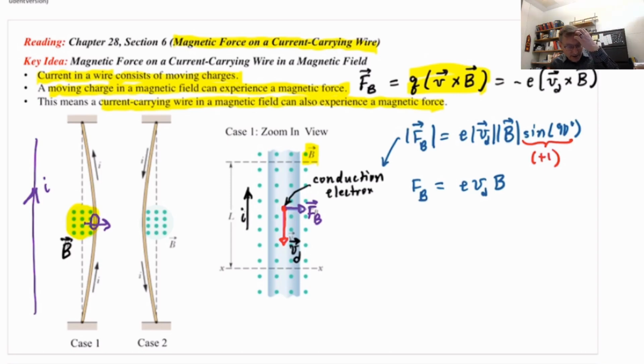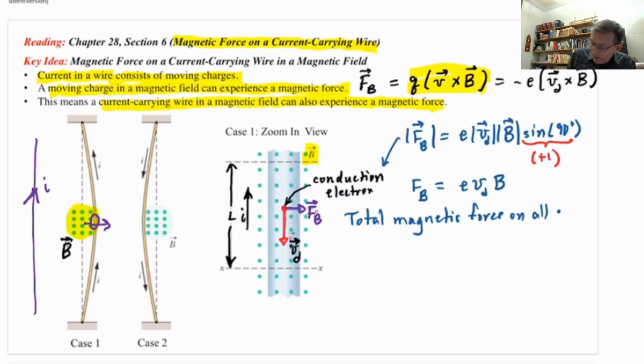Okay, now that's just one conduction electron. Well, presumably there's a whole bunch of conduction electrons in that wire. So how do we get the total force on the wire? What we do is we pick a particular length of wire. Here it's labeled L. And we're going to find the total magnetic force on all the conduction electrons in the length L of the wire.